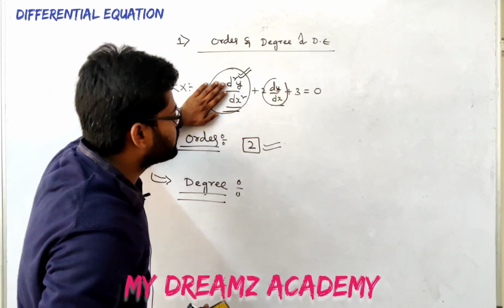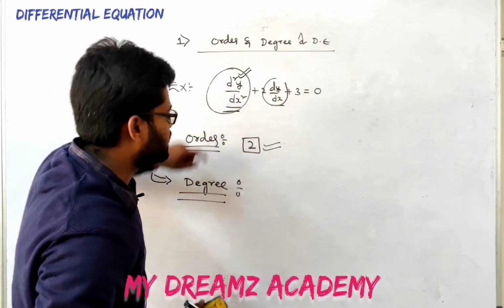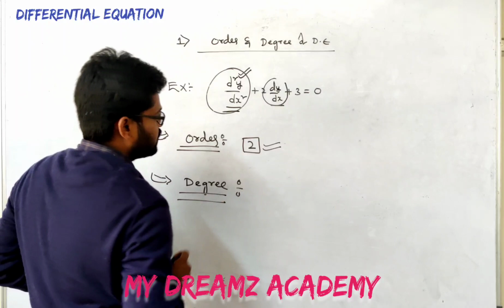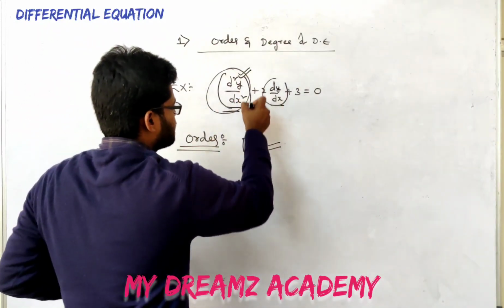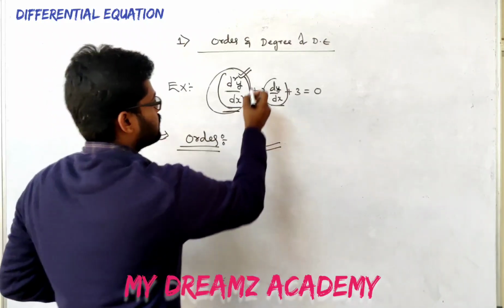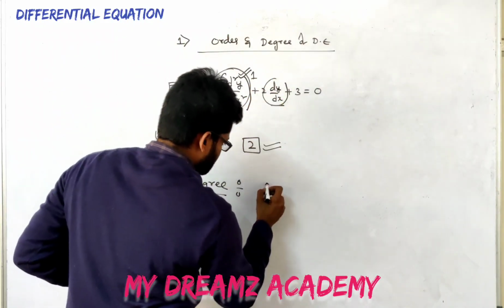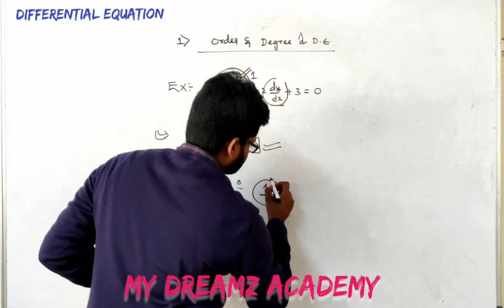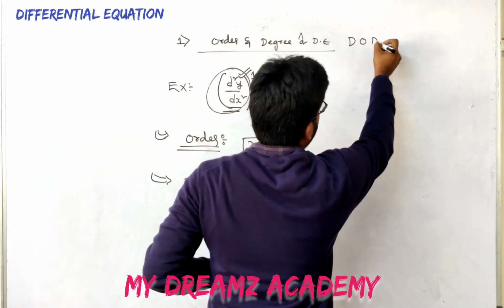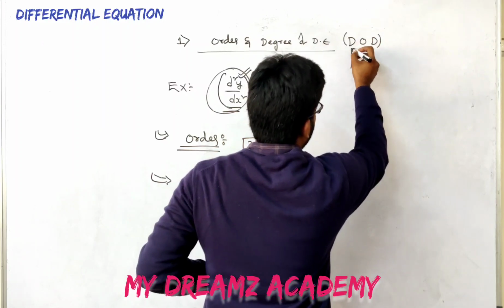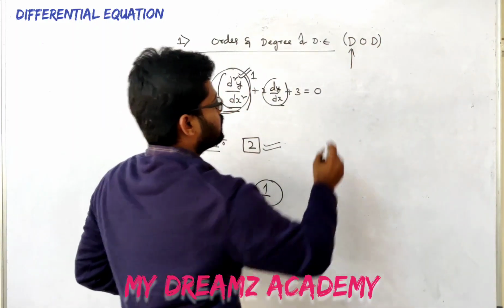So we have to see this coefficient only. The power of this differential coefficient is nothing but the degree of the given differential equation. What is the power of this differential coefficient? The power is 1. So the degree of the given equation is 1. You just remember like this, DOD. First we need to see the differential coefficient.